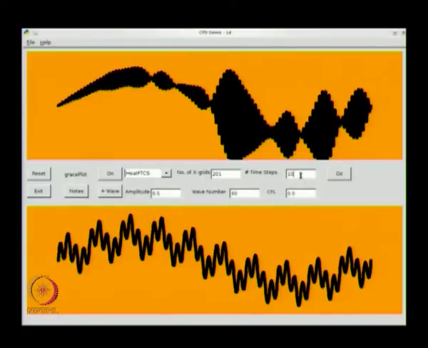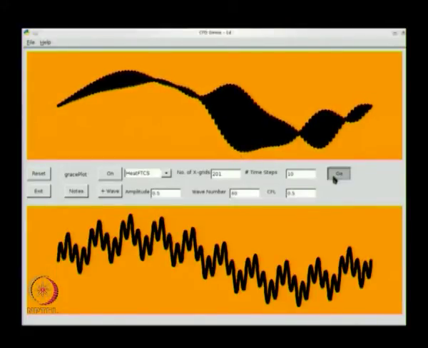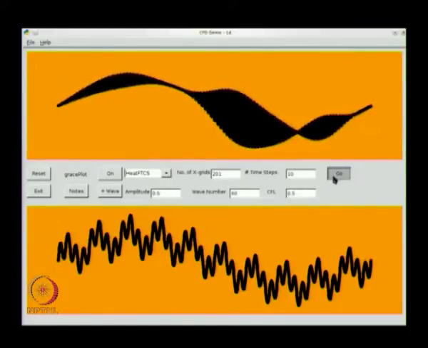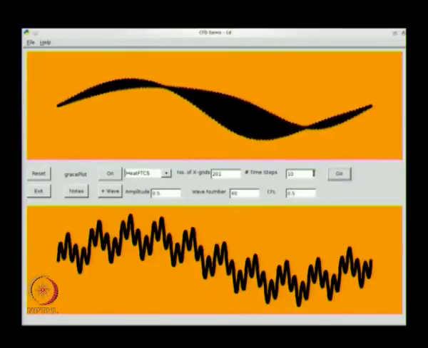Let me take 10 time steps at a time. So this is like a small struggle going on. So the high frequencies somehow grew, they took time to grow, they also seem to take time to go back.